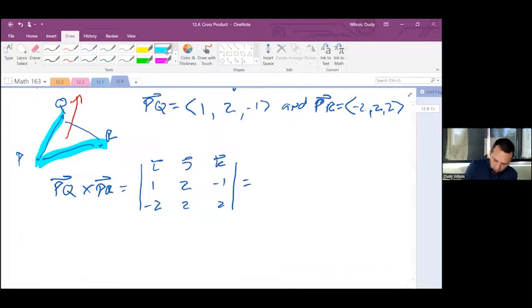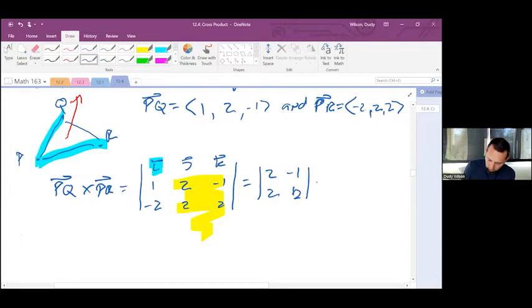Which would be i times the determinant of all that: 2, -1, 2, 2, times i.